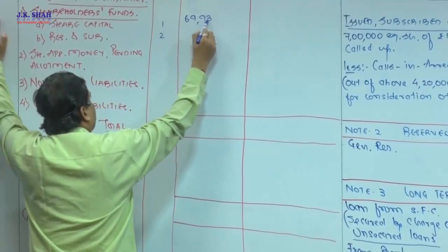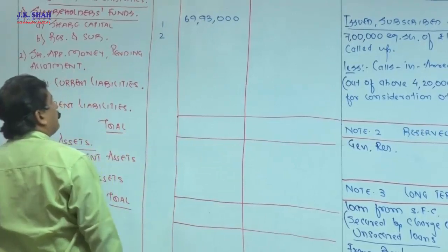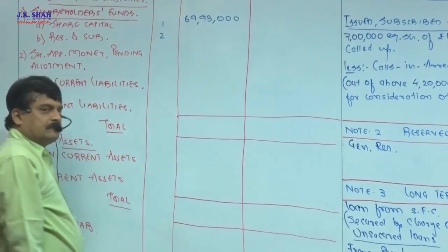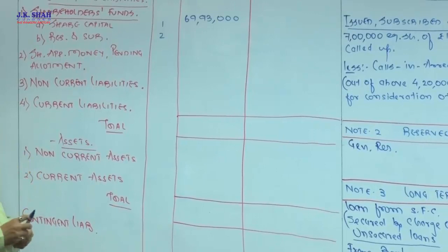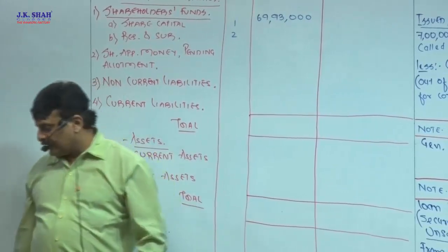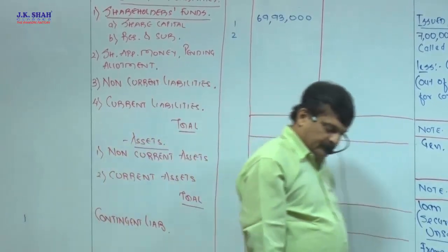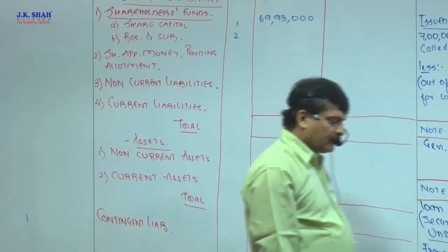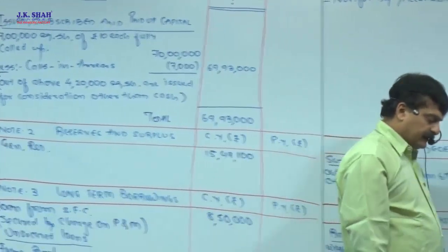Show it in note number 1. 69 lakh 93,000. Continue. Note 2, 3 till note number 13. Make totals, and transfer them to the face.